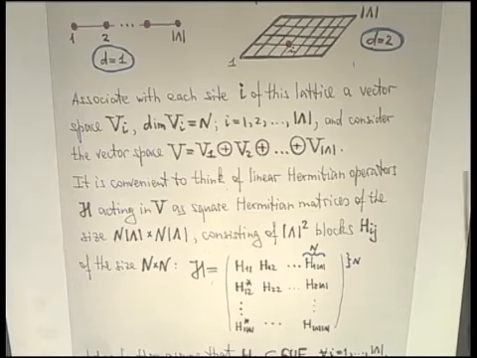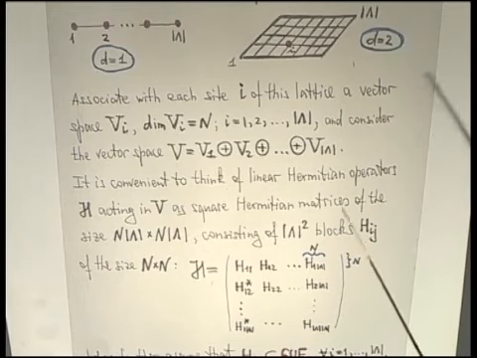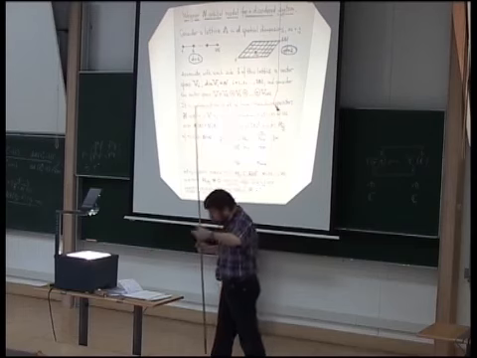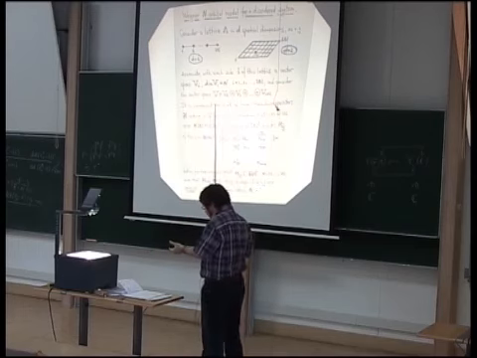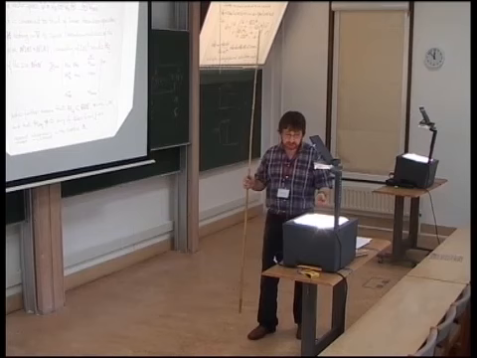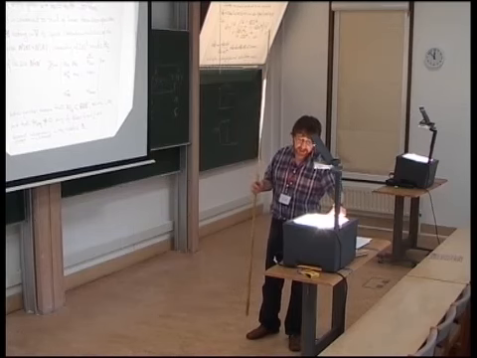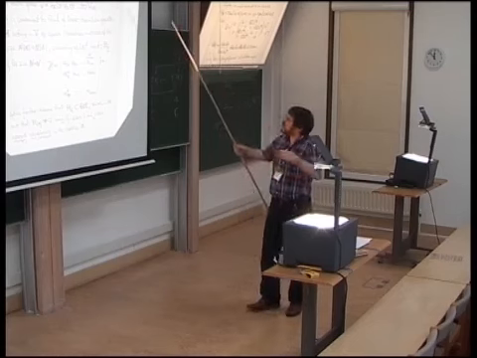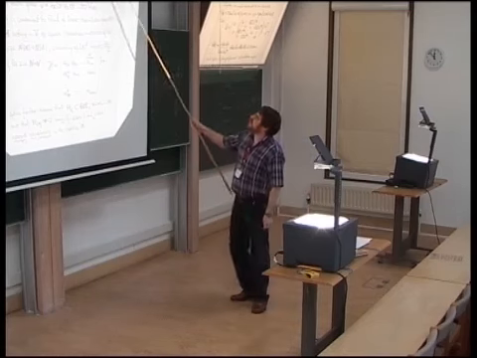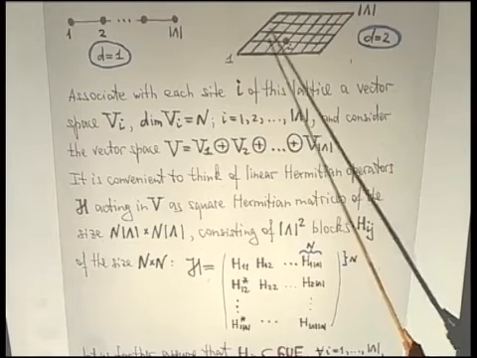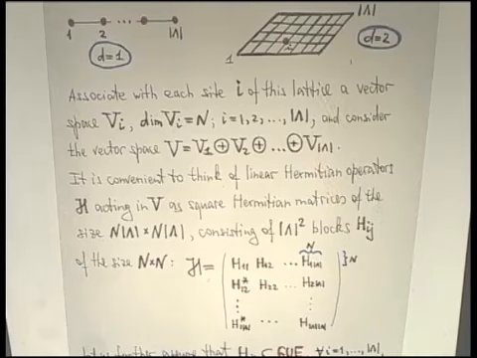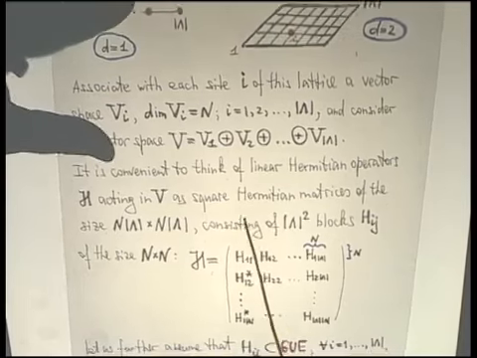With each site of this lattice, we associate an internal structure, represented by an individual vector space of dimension capital N. We will see that this on-site structure will be identical to the GUE structure we already exploited. So our total vector space is just the direct sum of all these vector spaces.